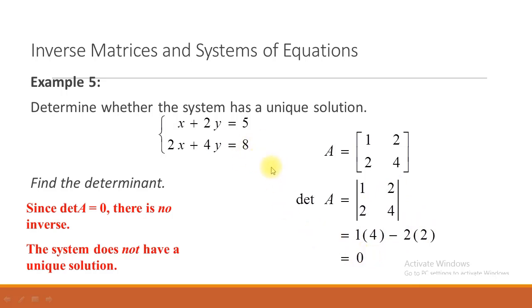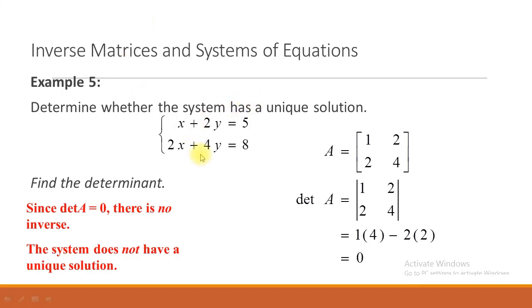So dear students, note that if in a system the determinant of the coefficient matrix is 0, then the coefficient matrix has no inverse. So the system does not have a unique solution. The system may have no solution or infinitely many solutions.